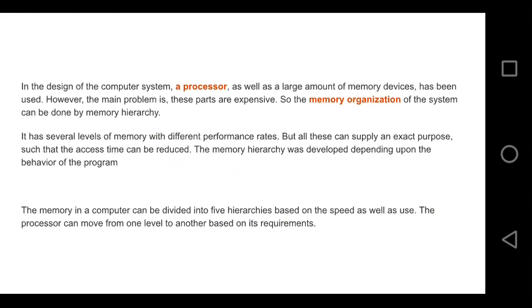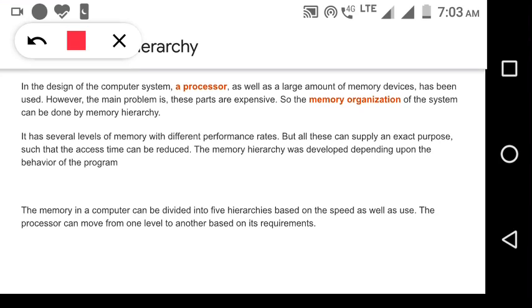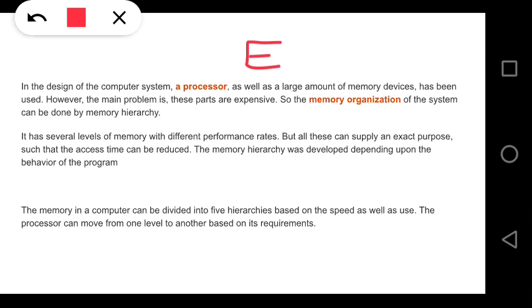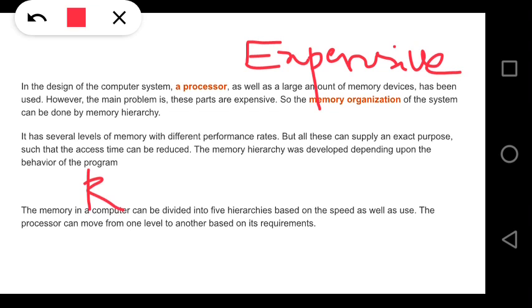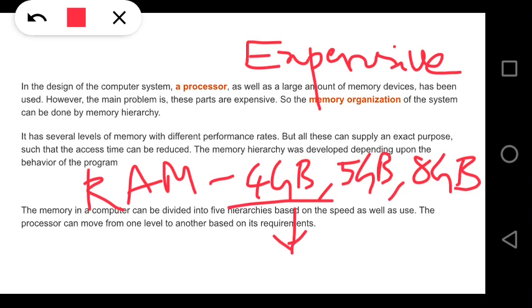This is a very important point. You can't keep the main memory at 1 TB. So in general, when we speak about computer configuration, we say RAM is 4 GB, 5 GB or 8 GB. So why can't you keep the RAM as 1 TB?